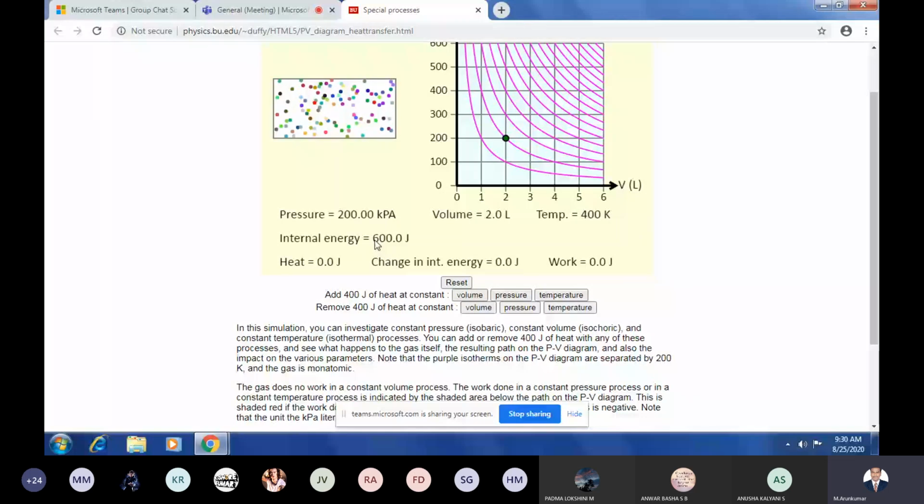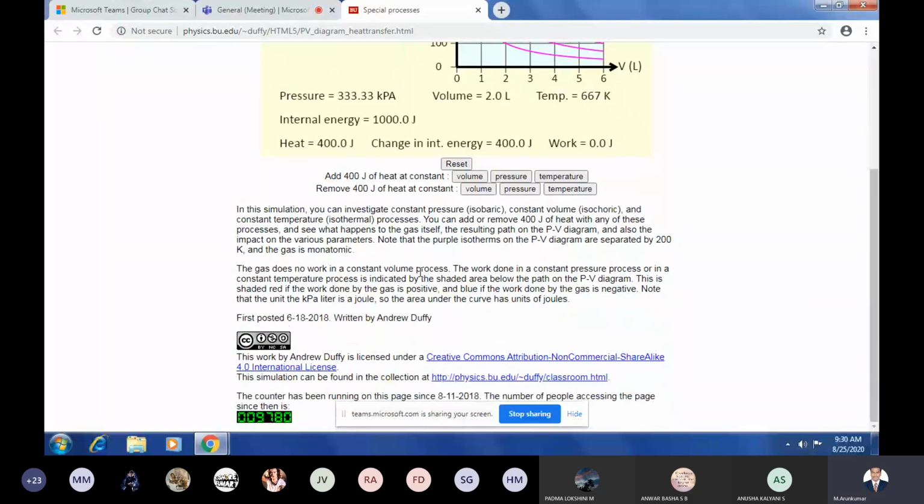The internal energy is 600 joules. So we are adding 400 joules of heat to a constant volume process. What happened? There is no work. For a constant volume process, work will be 0.